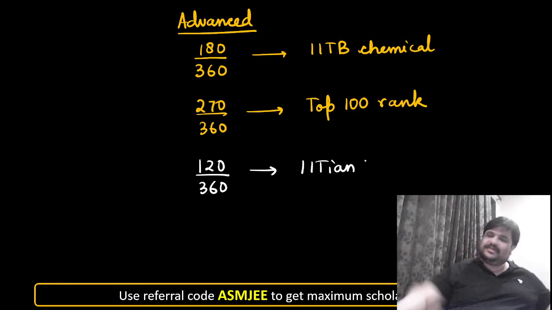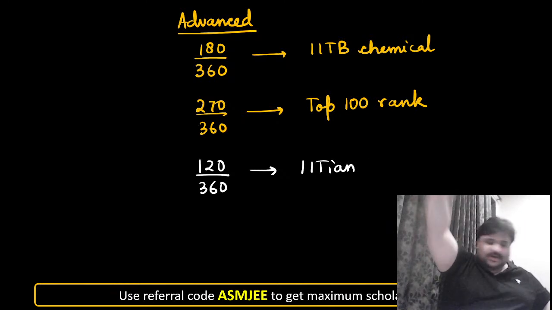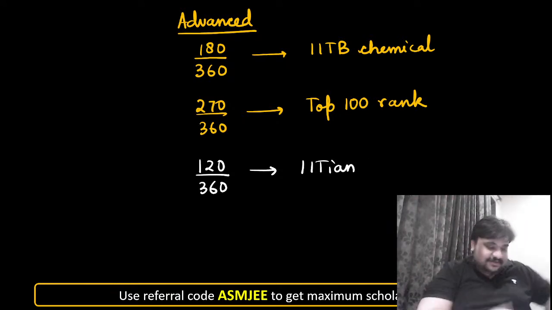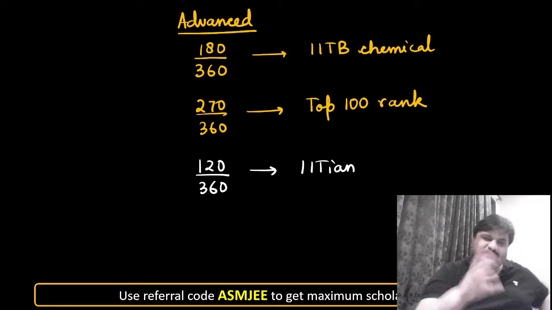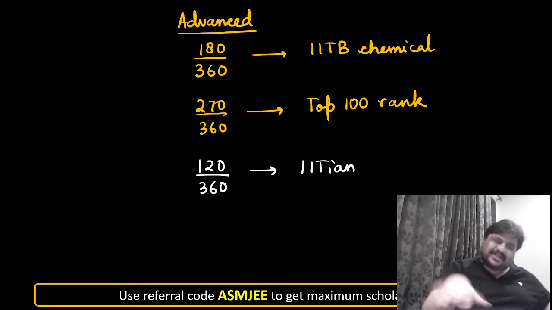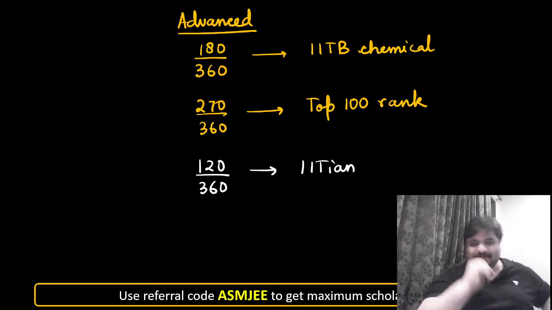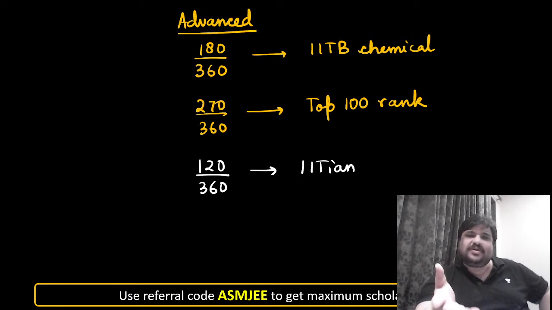You will go to some IIT Jammu or some place, but you will be an IITian. So to be an IITian, you have to score 1/3 marks. You'll get some branch. It could be lower than that also. But this is what the level of Advanced is.